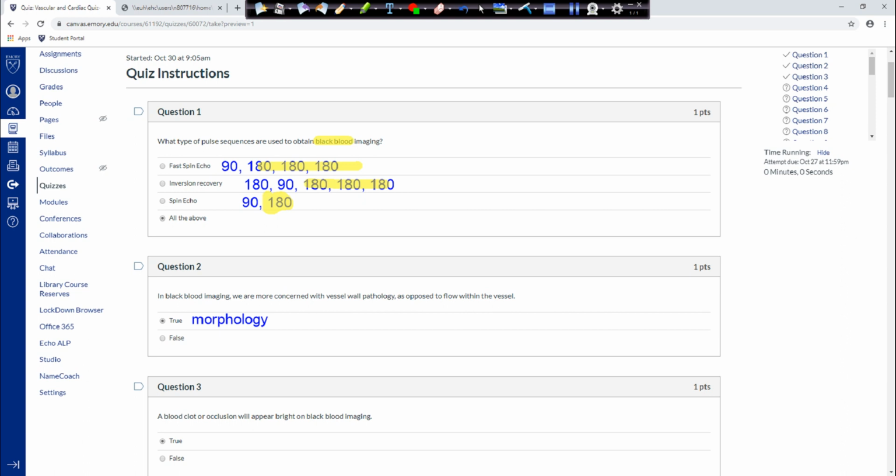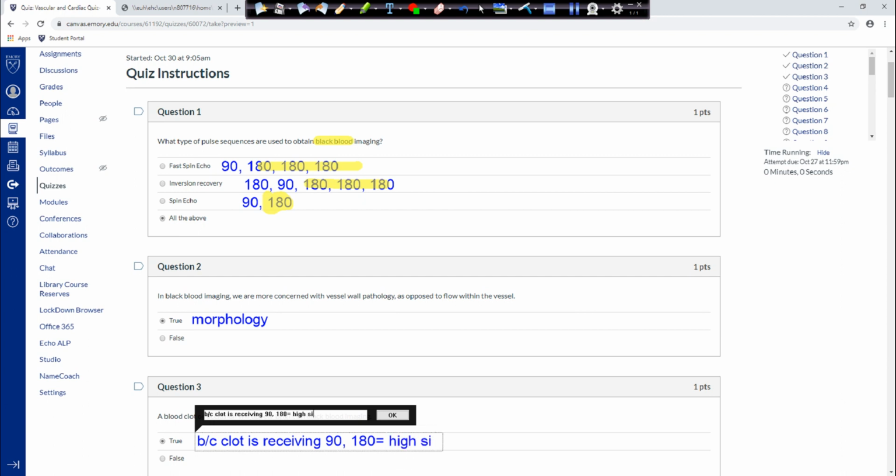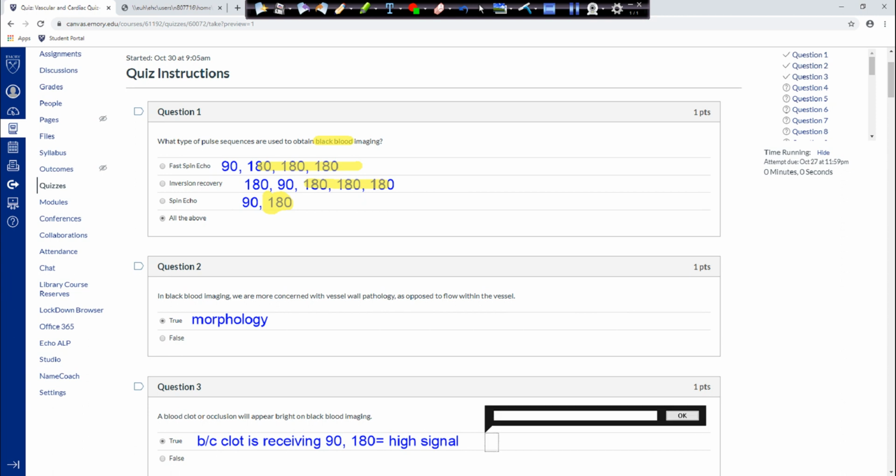This is true because clot is receiving 90, 180, which equals signal. And this is similar to stationary tissue, because the clot is staying in one place. So it's similar.